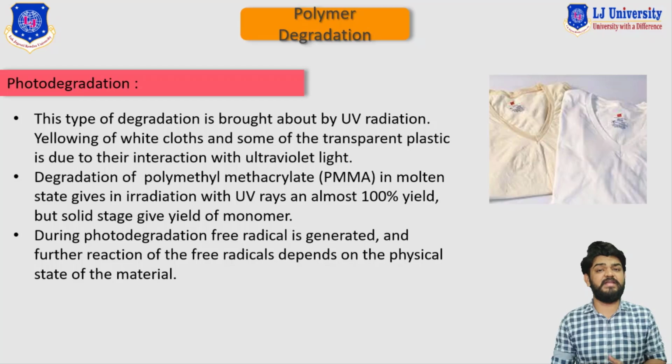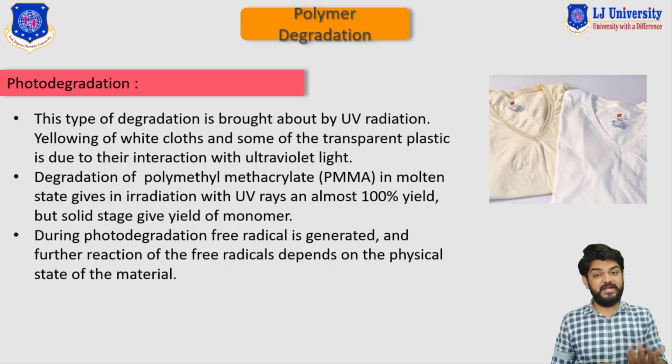But if this specific polymer is in a solid state, then it will not give 100% monomer. As we have already seen in the previous lectures, when a polymer degrades, it decomposes into monomers. So when this polymer undergoes the photo degradation process, it also decomposes into monomers. If the polymer is in a molten state, it will give 100% yield of monomers, but in the case of solid state, 100% yield cannot be achieved.